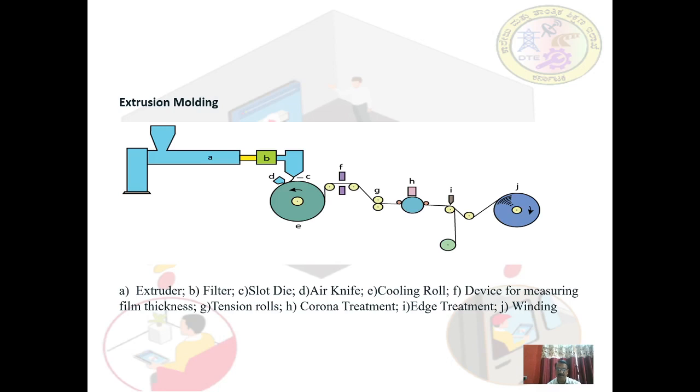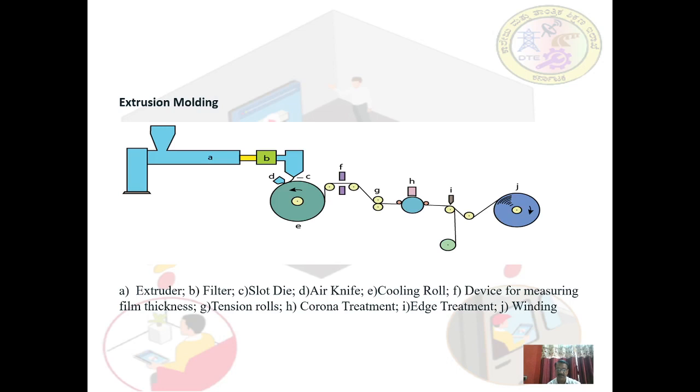The melt film emerging from the die is cast onto a highly polished roll. A vacuum device prevents the entrapment of air between the melt and the roller surface.